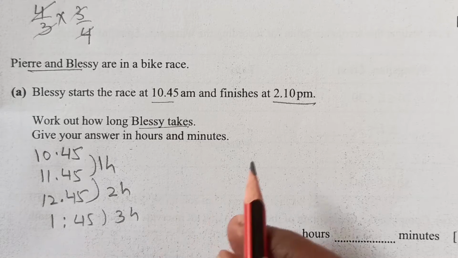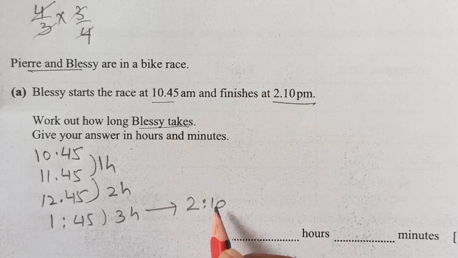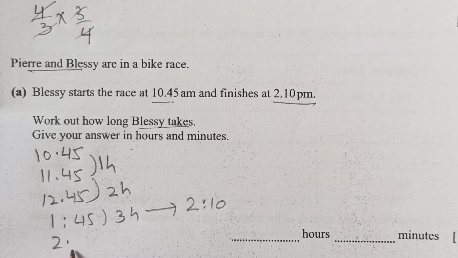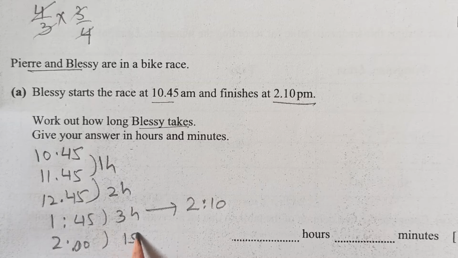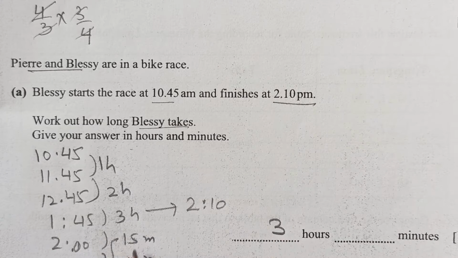Then we are looking for 1:45 to 2:10. So 1:45 to 2 is 15 minutes, and then up to 2:10 it's 10 more minutes. So add this: 3 hours and 25 minutes.